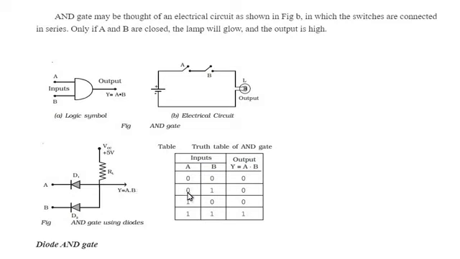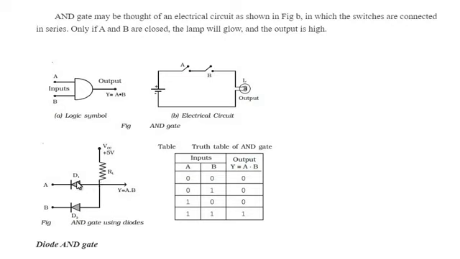Now case second, any one input is 0. Again, that is A is equal to 0, B is equal to 1. Though this diode D1 conducts in forward bias direction, this diode D2 is in reverse bias direction. Therefore, again the output Y is equal to 0 because the complete voltage drops across RL.